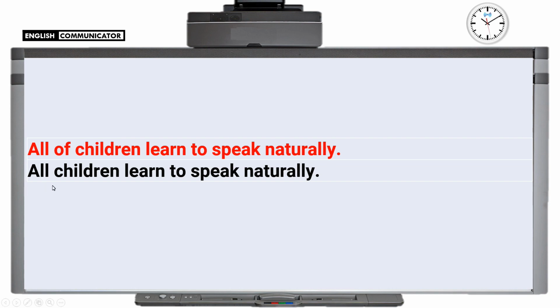Look, all children learn to speak naturally. So the difference is actually all children. Don't say all of children, you just simply say all children, all people. So all children learn to speak naturally. Okay? Great.